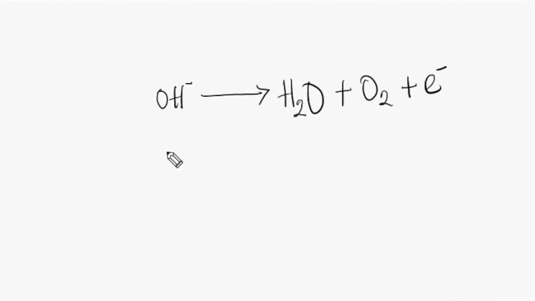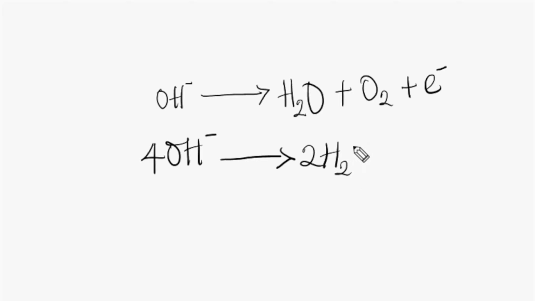For a balanced expression, this is going to be 4 hydroxide ions to yield 2 H2O and O2.